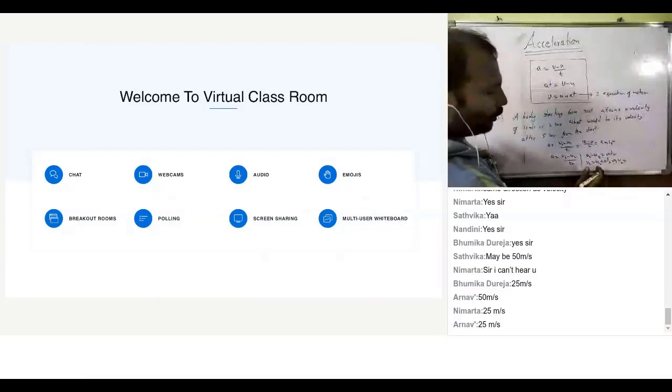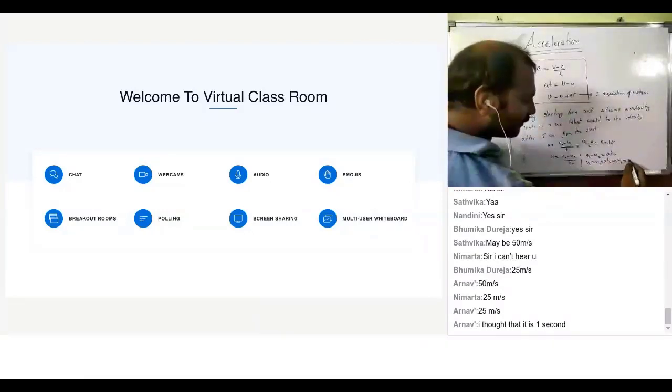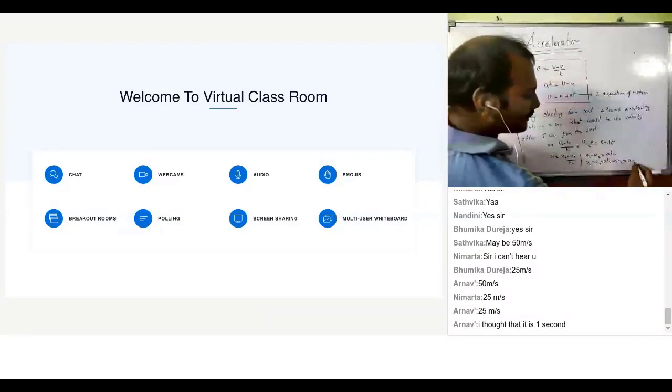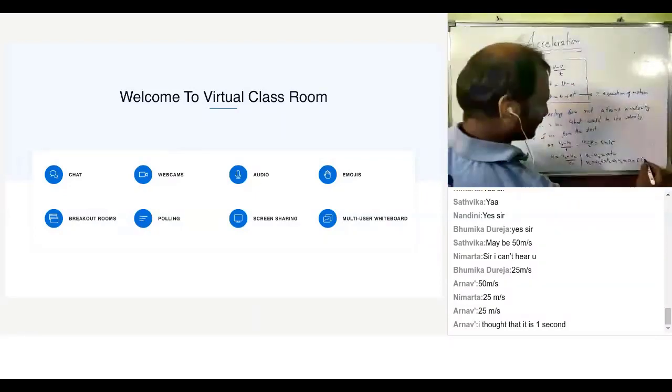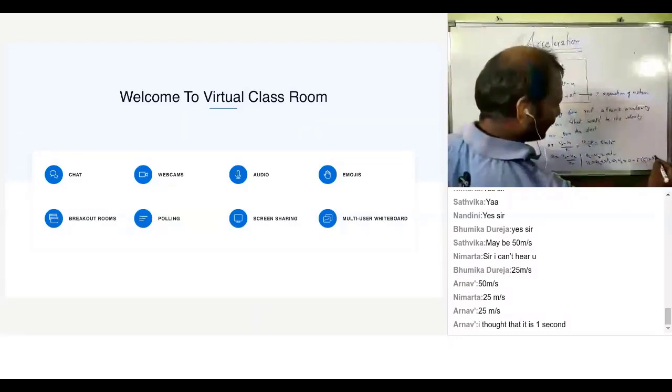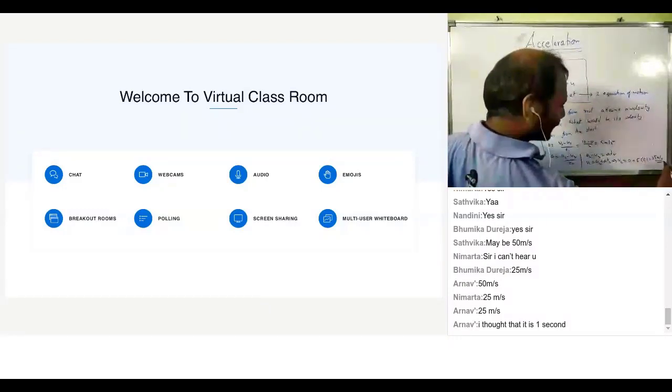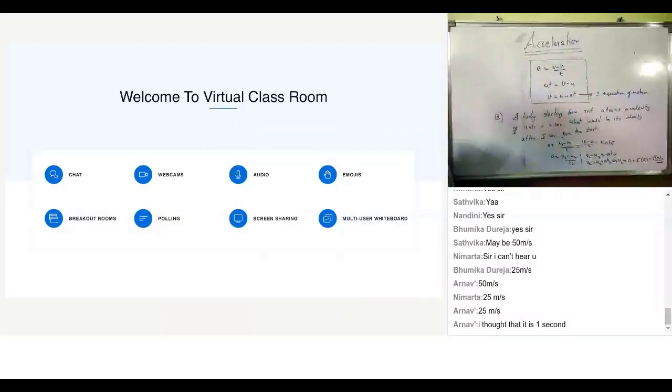What is u2? u2 also I'll assume it is starting from 0, plus what is a? 5. If it is starting from 0, how many seconds is it traveling for? 5 seconds. So what is the answer? 25 meter per second. Just check that.